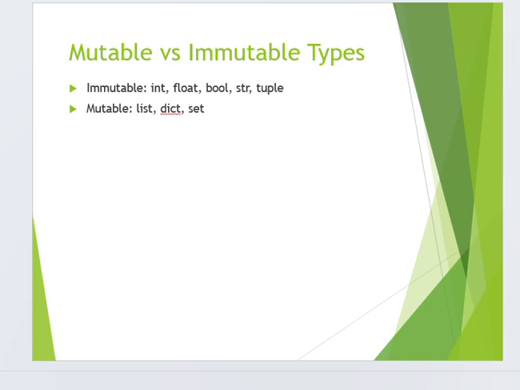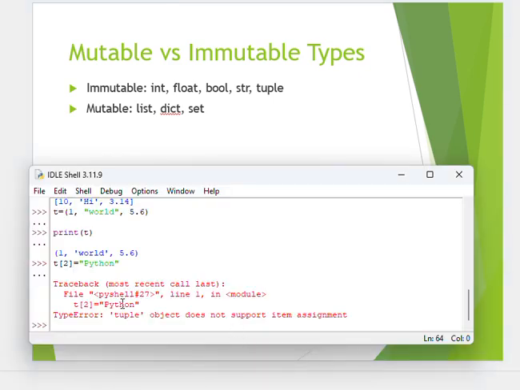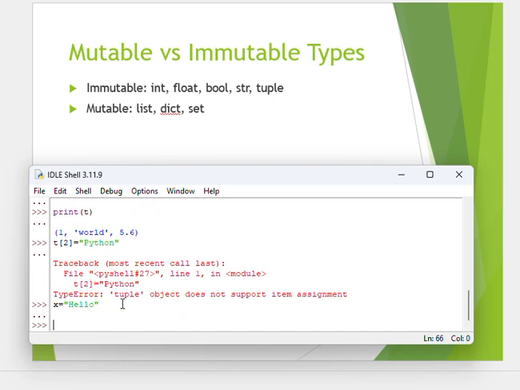Let's take an example here. If I write x equals hello, and if I write y equals x dot replace, I want to replace h, which I have used, by j.